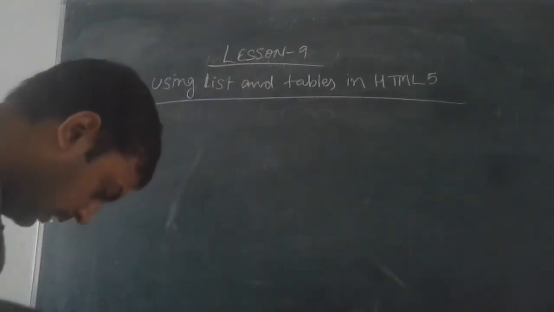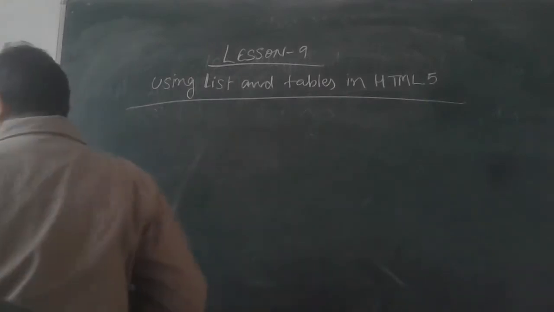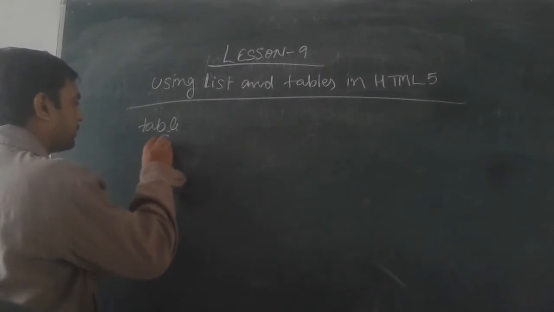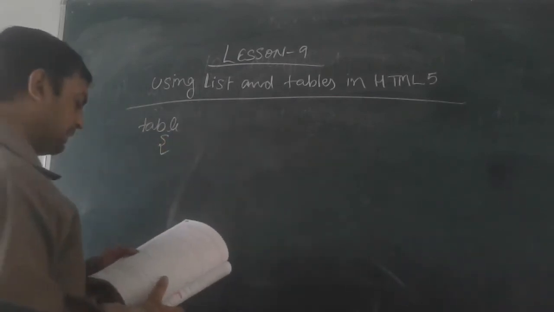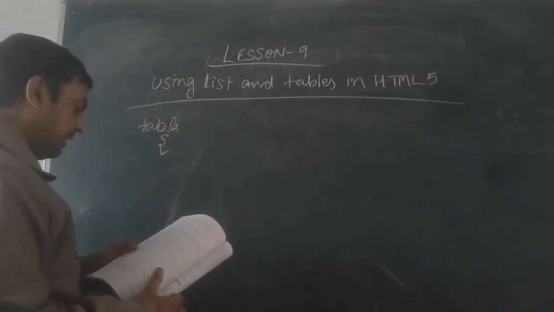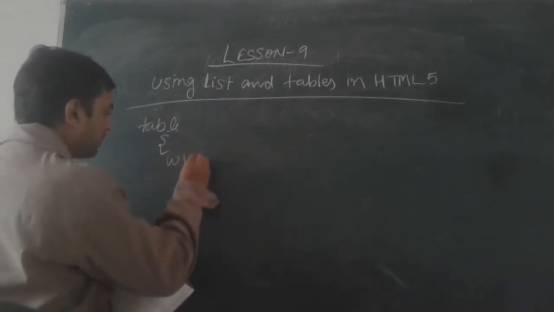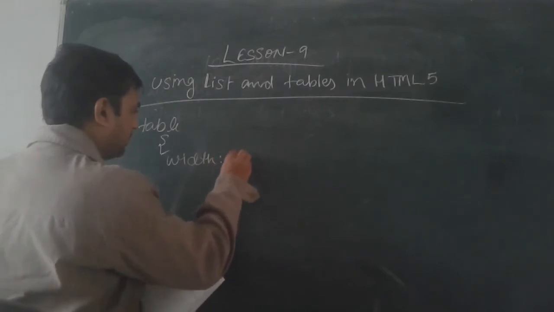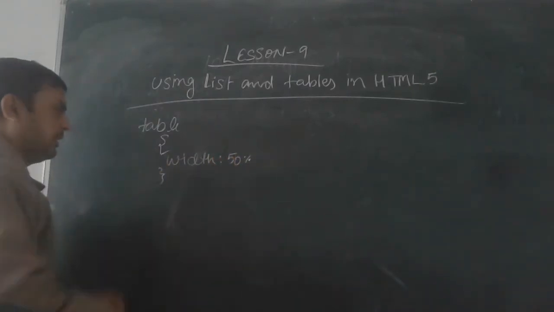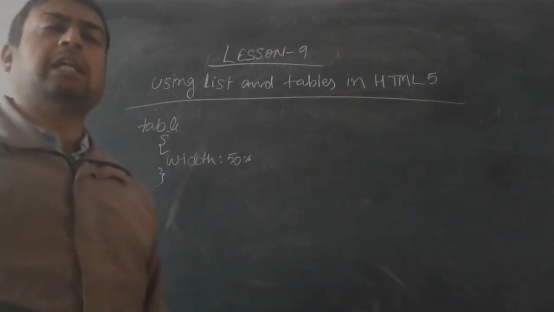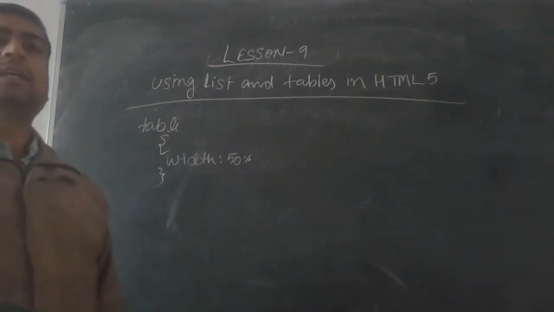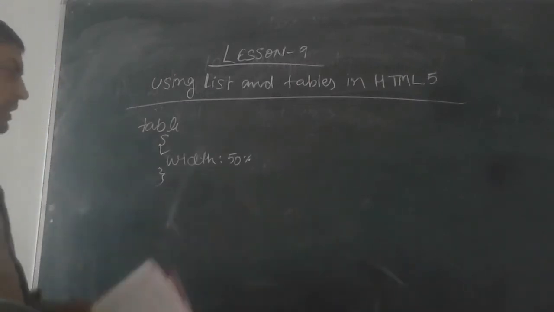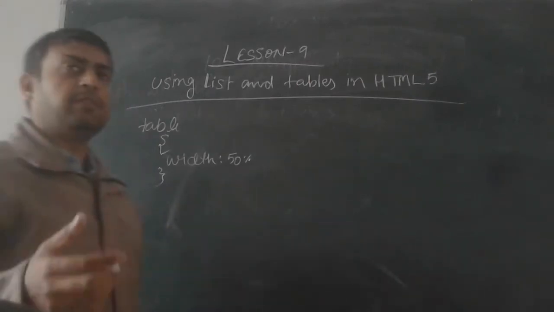Now in this case, for table, you can give the value of width. Let's say as an example, width colon 50%. 50% means it will calculate the percentage of your monitor and then display the result. Then in TH, what type of alignment do you want?